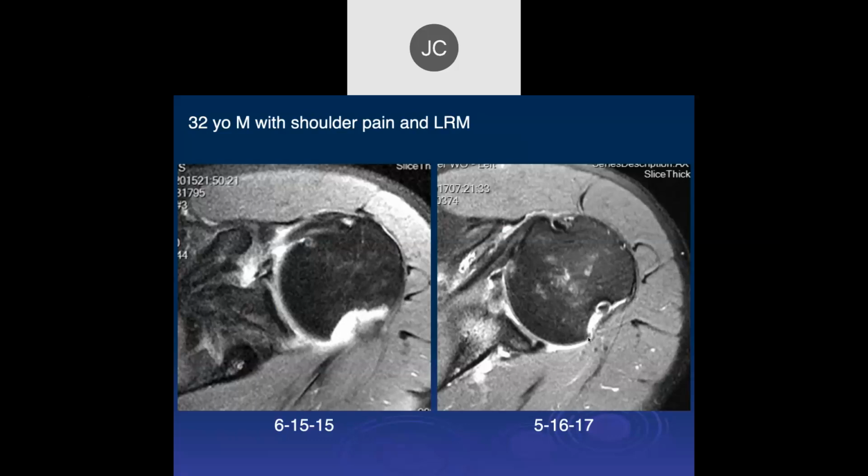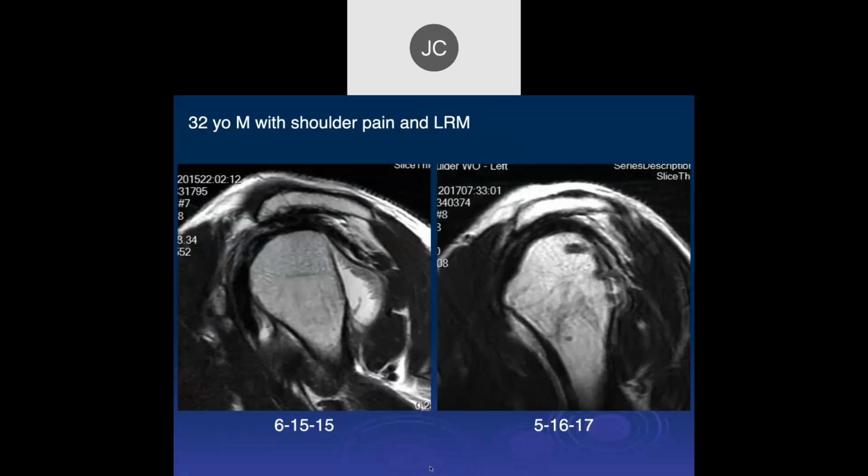Now, this is what that Hill-Sachs looks like. And there's this funny thing here. A lot of that bone injury has healed in the interval. We've got a new bone injury in 2017. Is that a new little divot from a redislocation?